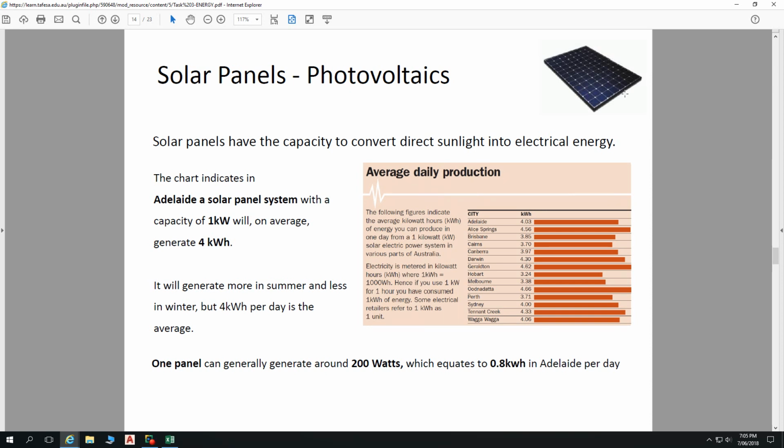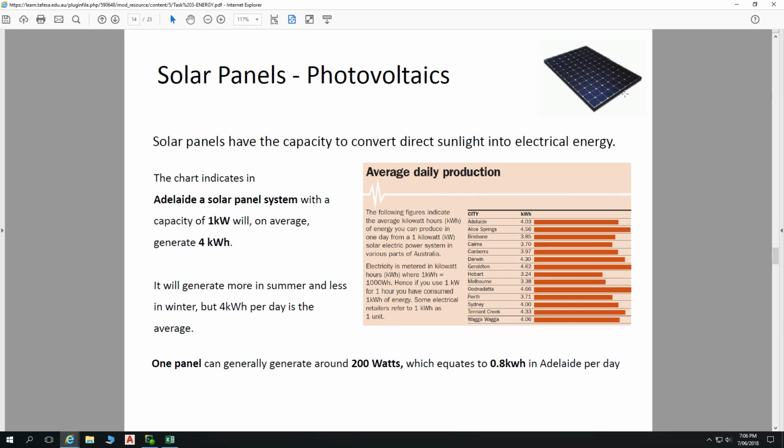So an Adelaide solar panel system with a capacity of 1 kilowatt will on average produce 4 kilowatt hours per day. So we're not producing 12 kilowatt hours or whatever length of daylight. We actually produce less than that.